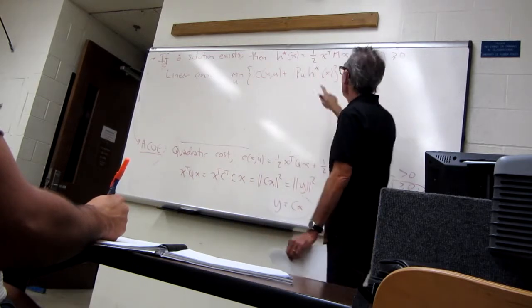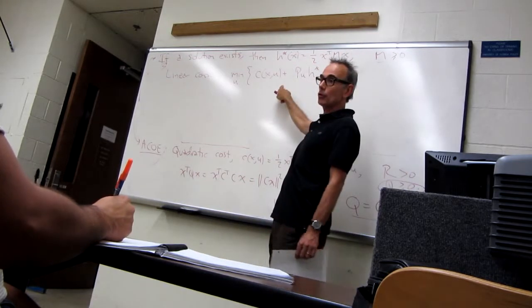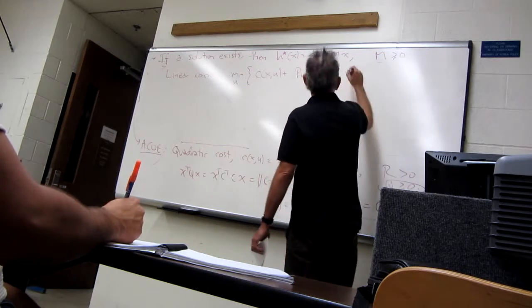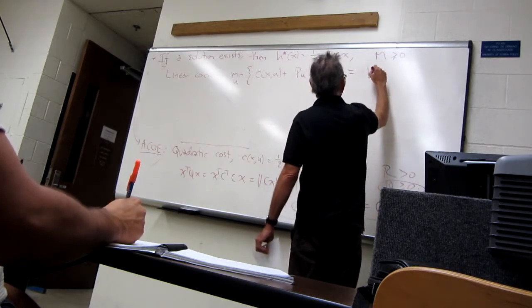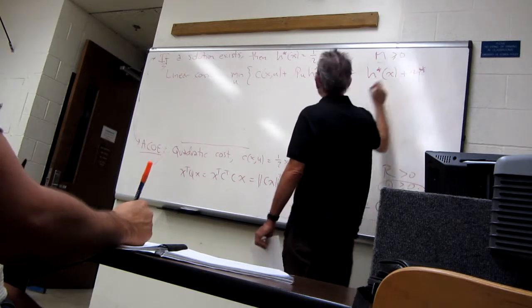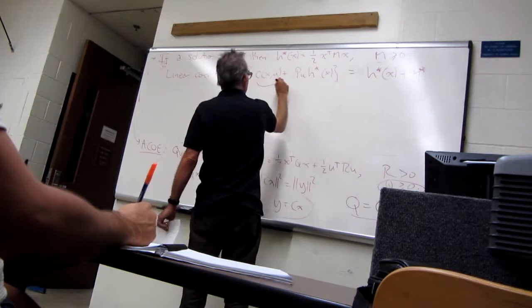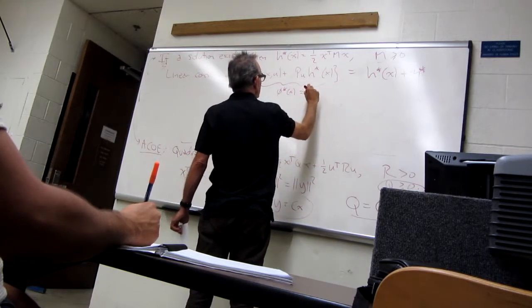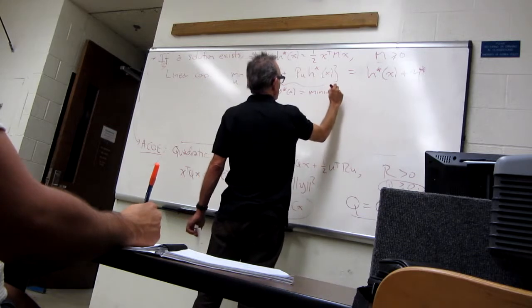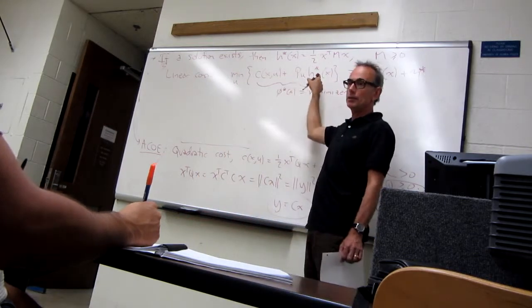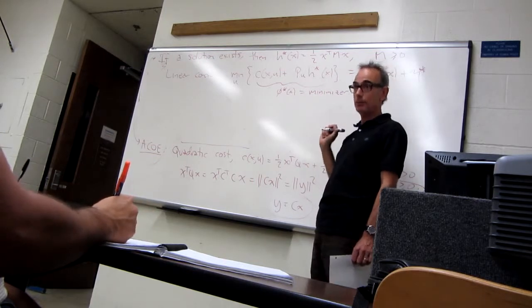Once you know the value function, you know the optimal control. It's defined to be the minimizer. So the u that minimizes this is a function of x, and that's the optimal policy.